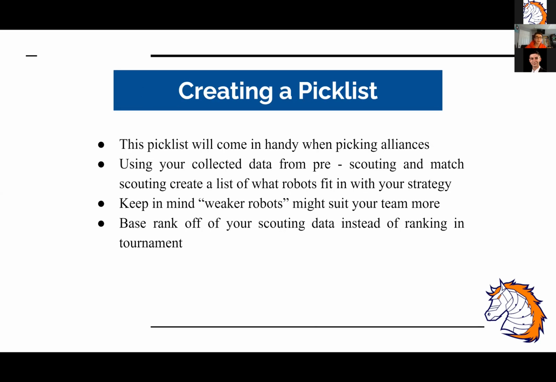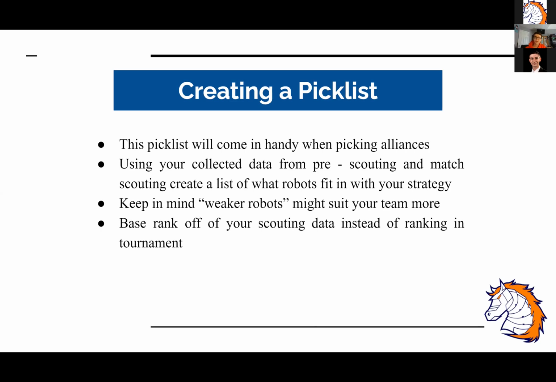And then for the pick list, once you have all of your scouting sheets, in FRC or FTC, what we normally do is have a night, or maybe a few hours, an interval between the last match and the alliance selection where we make a pick list.